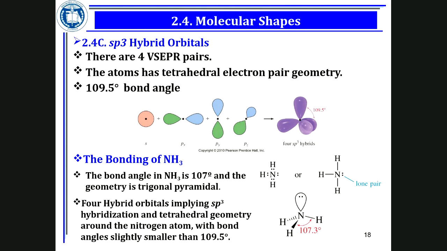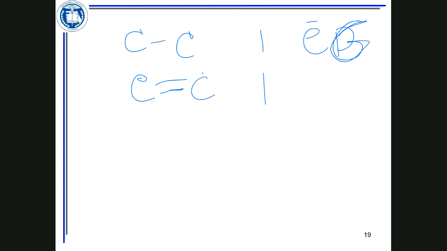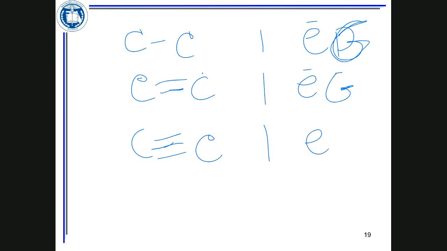To count electron domains, you are going to count a single bond as one electron domain, or electron group, just like VSEPR. A double bond counts as one electron group, and a triple bond counts as one electron group.